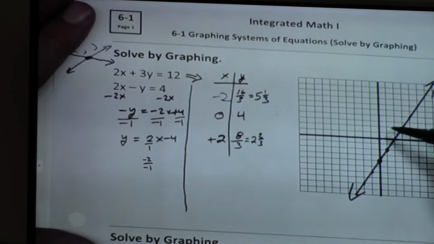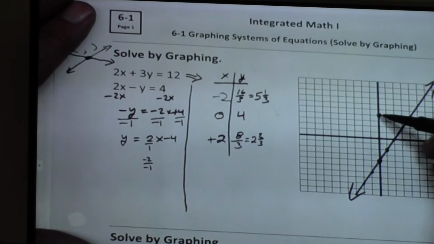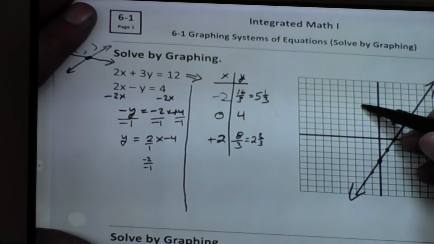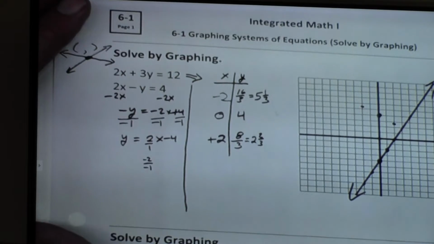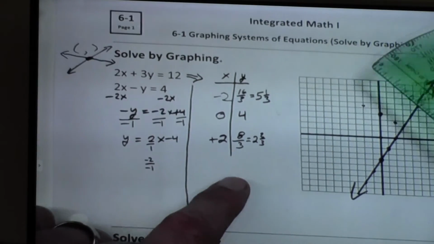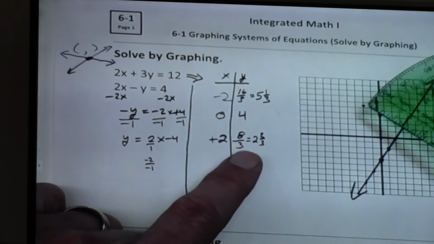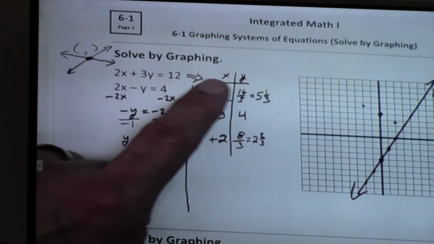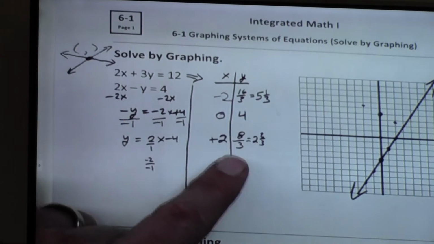So now I will graph those, 0 and 4, at positive 2 and 2 2/3 is about here. Negative 2 and 5 1/3 is about here. So it looks like we can still get a line out of it. You see why it's hard to work with fractions or decimals on a graph, which is why I do not really prefer this method very much.